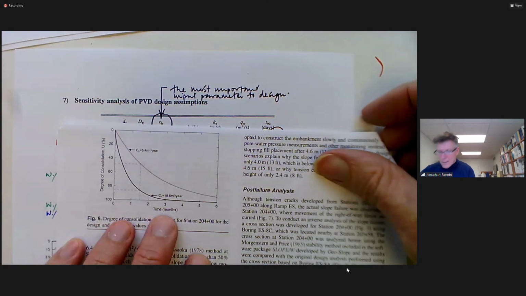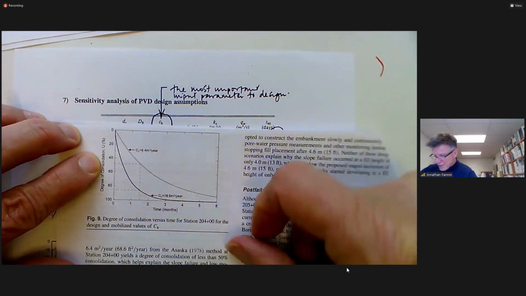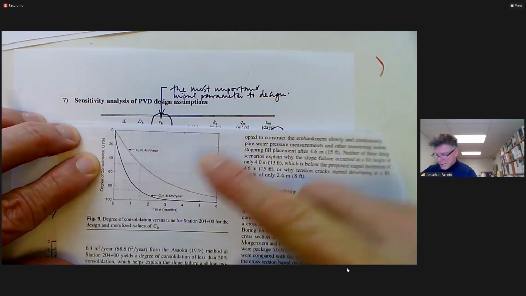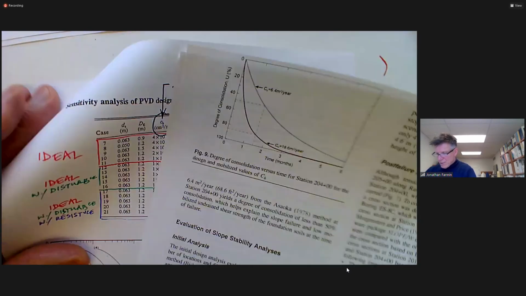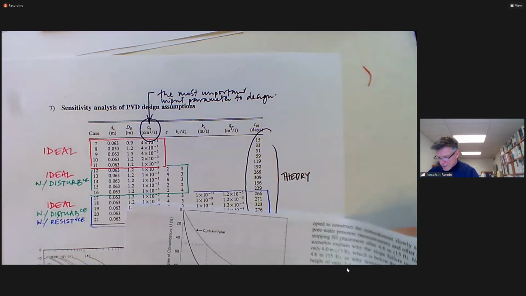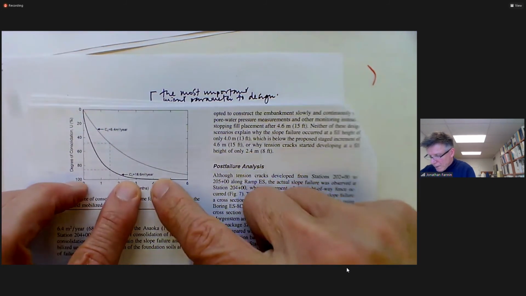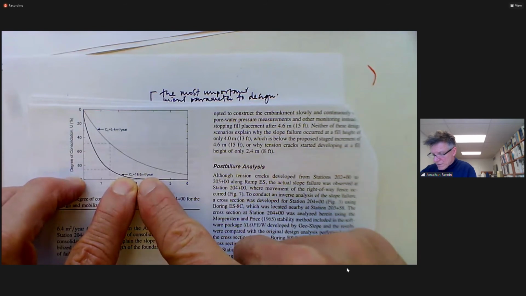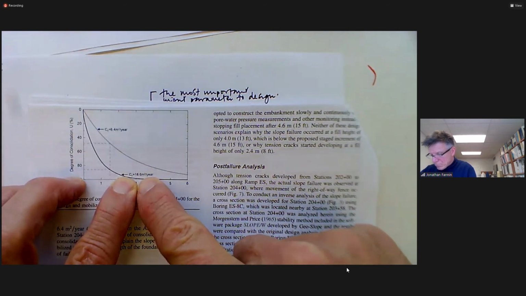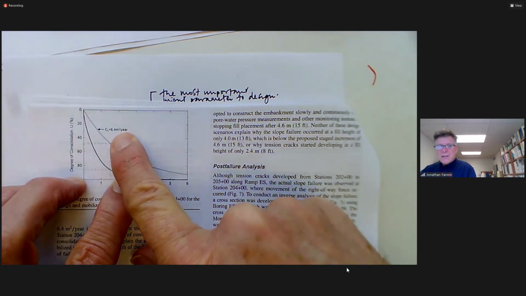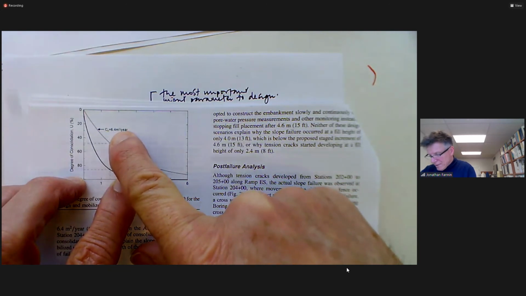Okay. Here's another plot, degree of consolidation against time. It's pretty much what we're doing here. And here we see what was assumed for design. This is actually what was mobilized in the field.